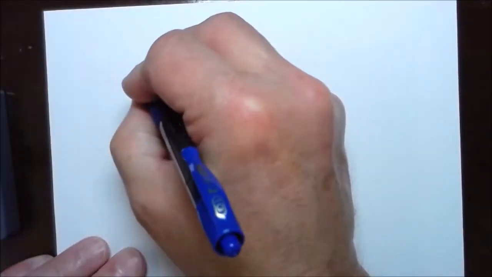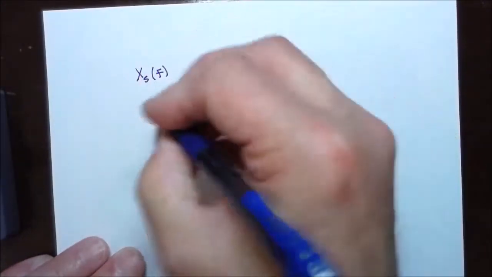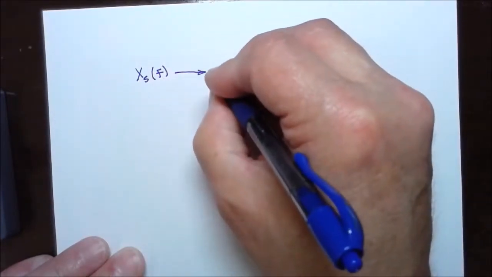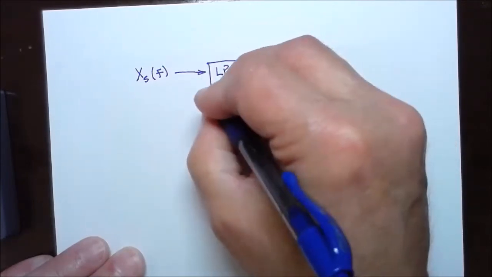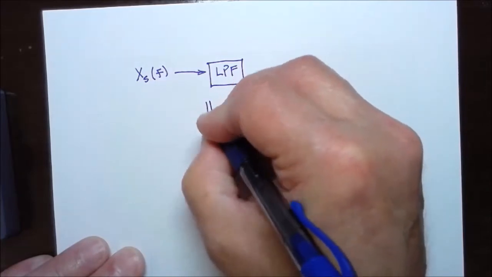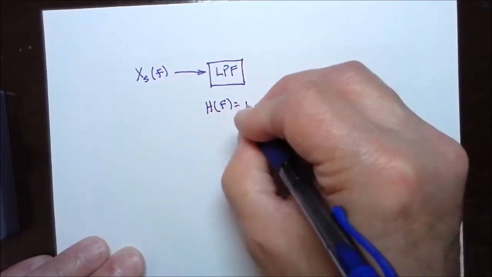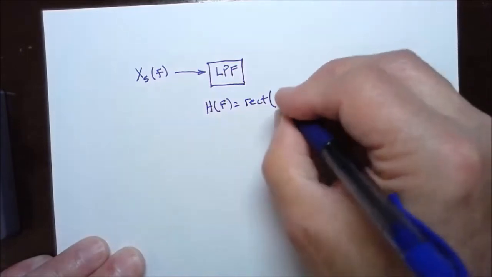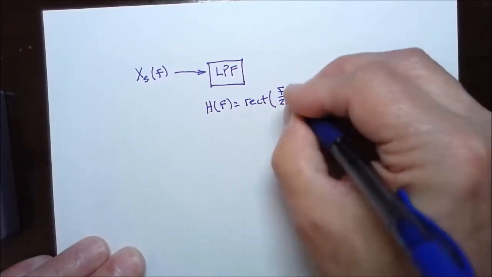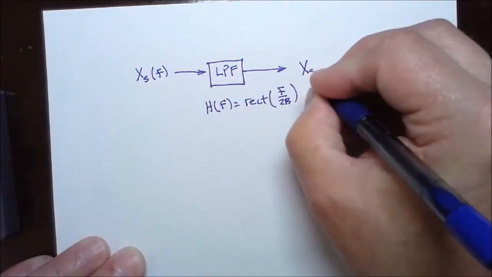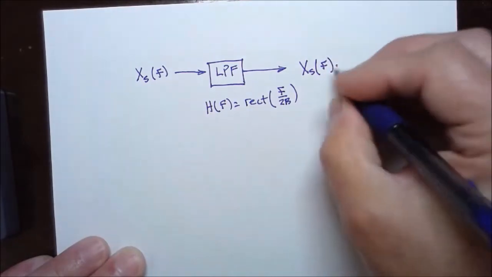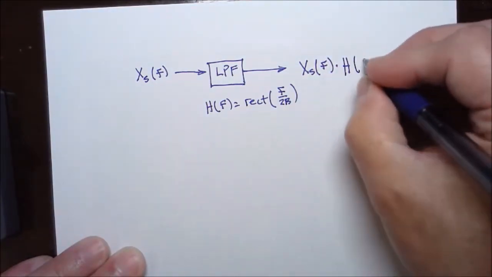In the frequency domain, we'll look at the spectra of these signals. We've got capital X sub S of f into a low pass filter whose transfer function is a rectangle, an ideal low pass filter, and the output signal is going to be the spectrum of the input signal multiplying the transfer function.